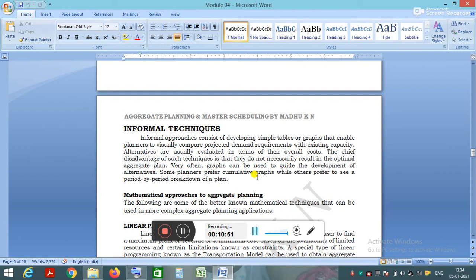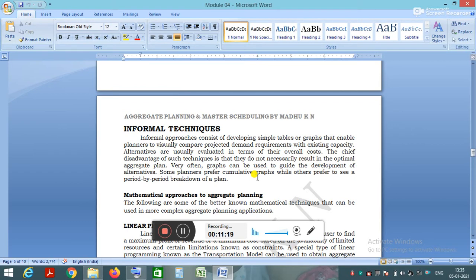Okay, this is about informal technique use. They observe different strategies. Based on different strategies and different demands, we will obtain different graphs. Based on the graphs, you evaluate the alternatives, and whichever is the best alternative, you are going to follow that alternative.